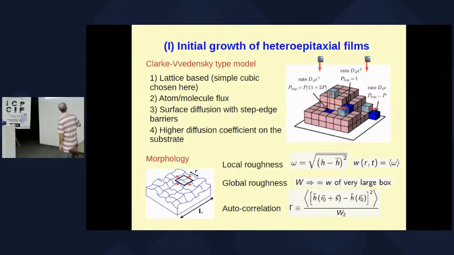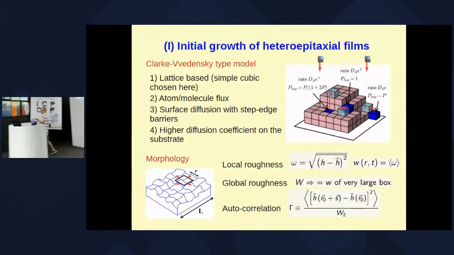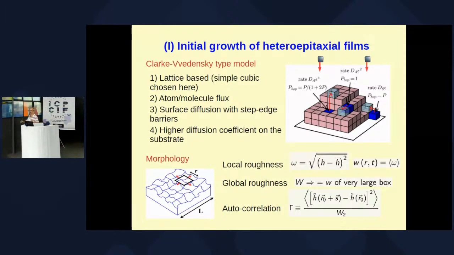So here a collimated flux of molecules, and surface diffusion with a step edge barrier and a higher diffusion coefficient on the substrate. Due to the much higher diffusion coefficient of the atoms on the substrate, it facilitates the formation of islands.